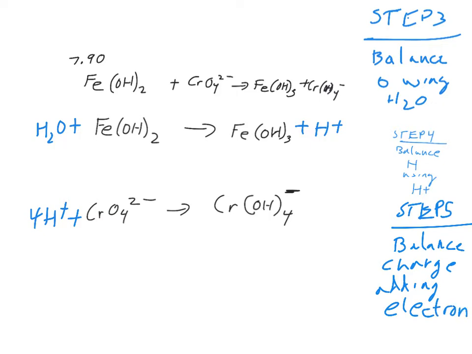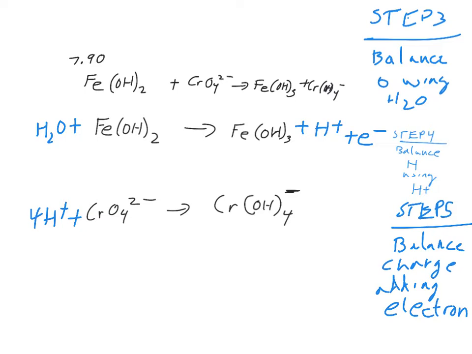Balance the charge by adding electrons. You always want to bring the higher charge down to the lower charge. In this equation right here, we have a +1 on this side, a 0 charge on this side. So I have to make +1 into 0 by adding an electron to that side of my equation.